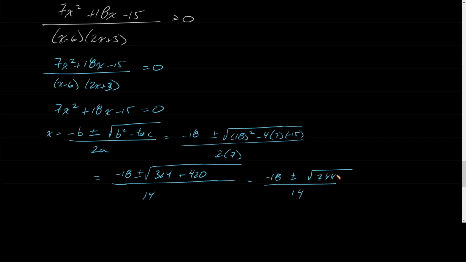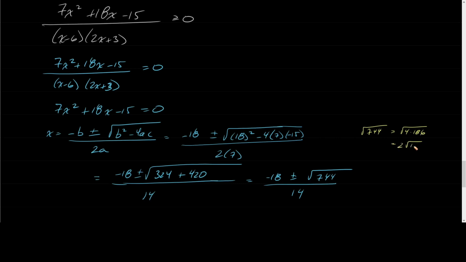All right, now in here, this 744, I know it's divisible by 4, all right? Because I know the rules of divisibility for 4. Essentially, if the last 2 digits are divisible by 4, then the whole number is divisible by 4. So why do I care about that? Because, well, now that's going to tell me that the square root of 744 can be reduced to, well, it's going to be 4 times 186.